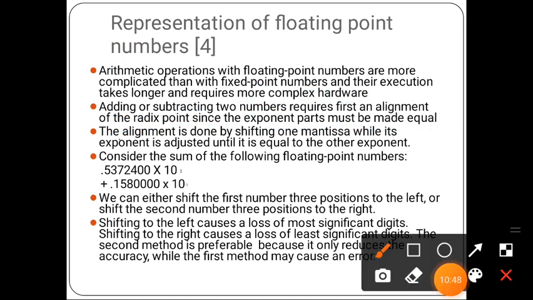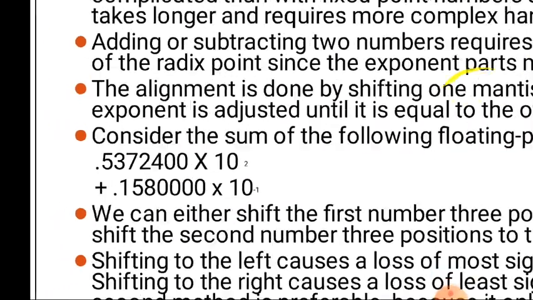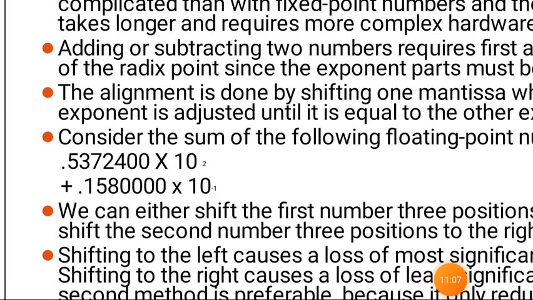So how is the alignment done? By shifting one mantissa while its exponent is adjusted until it is equal to the other exponent. For example, consider the sum of floating point numbers.